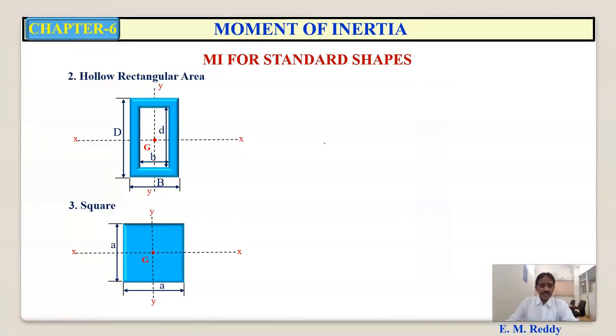So, hollow rectangular area. Here, the external dimensions of this rectangle are B and D, capital B, capital D, whereas for the inner rectangle, it is small b and small d. So the moment of inertia about the centroidal x-axis is given by B D cube by 12 for the external rectangle minus b d cube by 12 for the internal rectangle.